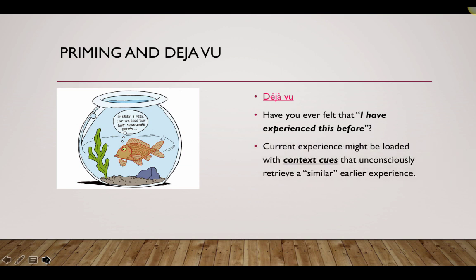At least some researchers think that the current experience may be loaded with context cues that help prime or access memory strands of a similar memory, but not well enough to actually recall it as a different memory, so you feel as if you've experienced it before. So it could simply be ineffective retrieval cues.